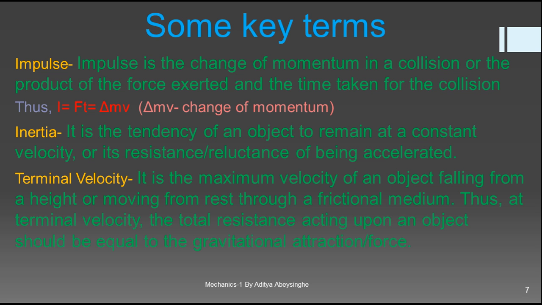I will explain that in the concepts of states of matter, elasticity and other concepts. Due to this drag, or this resistance through the frictional medium, there is a maximum velocity that this object can achieve. That velocity is called the terminal velocity. Don't be confused by the term terminal velocity. You need only inertia and impulse as the key terms here.